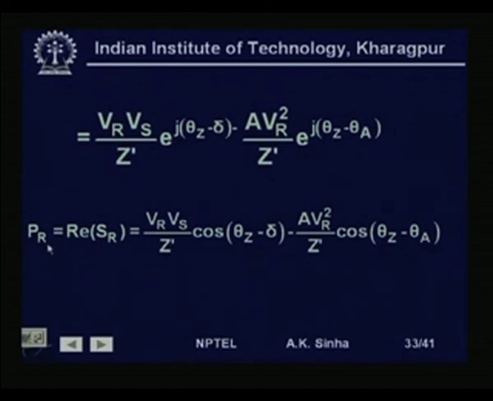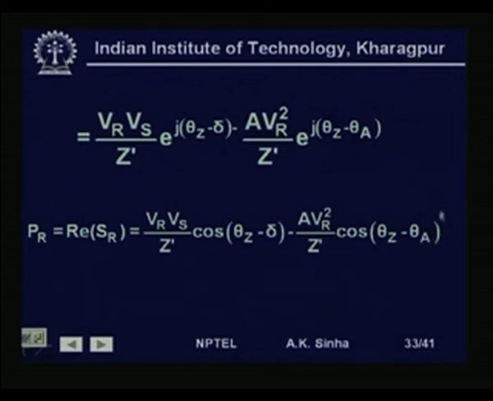And PR, which is the real part of this complex power at the receiving end, will be equal to VR Vs by Z dash into cos(theta Z minus delta) minus A VR square by Z dash cos(theta Z minus theta A).